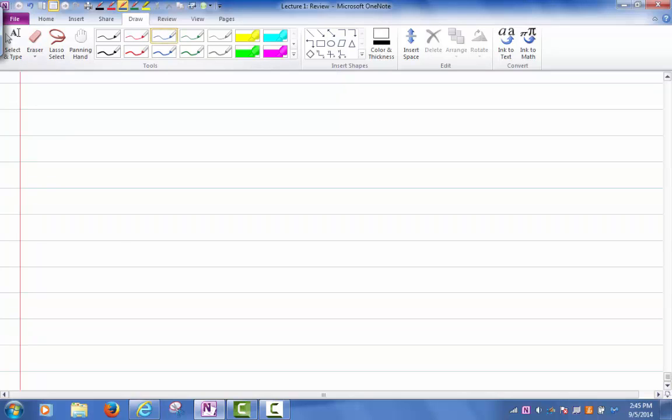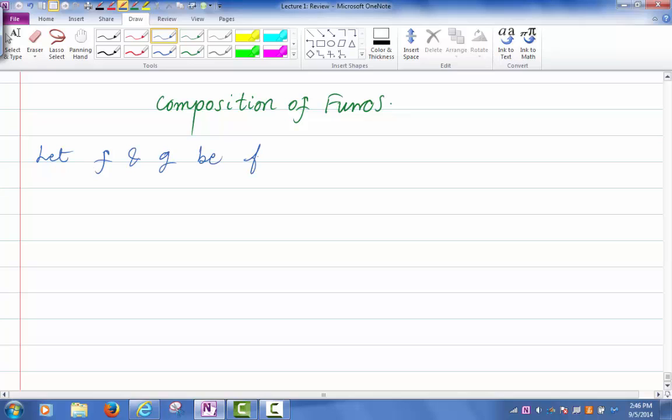The next thing that we need is the most important operation on functions, which is the composition of functions. So let f and g be functions.